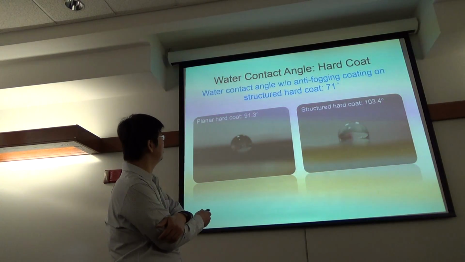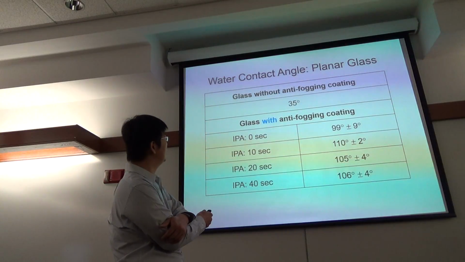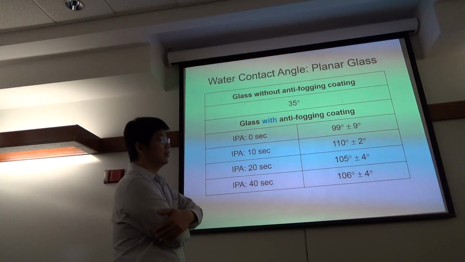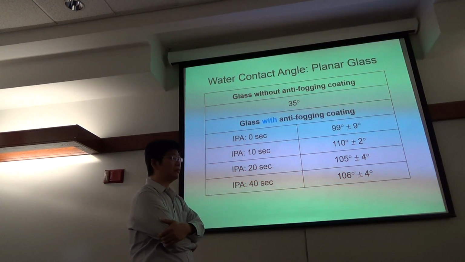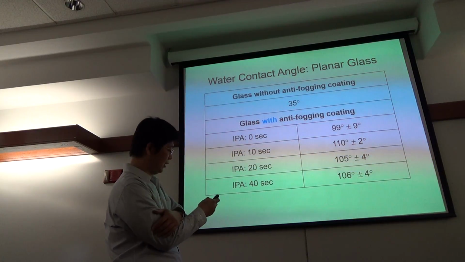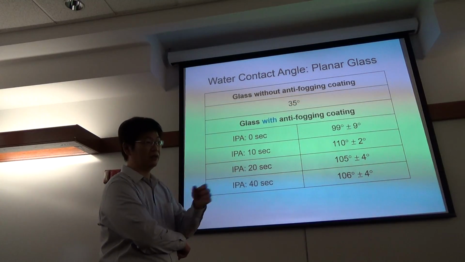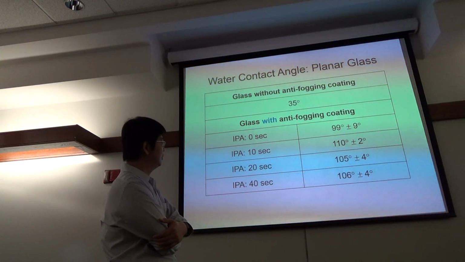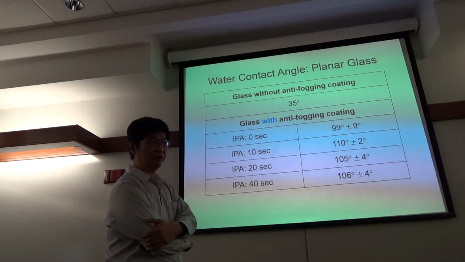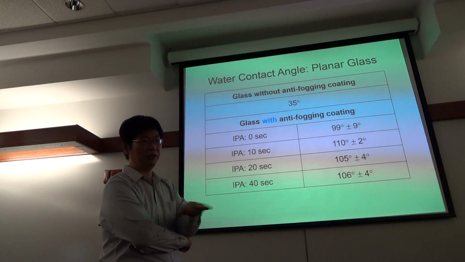Sorry, I forgot to mention this. We have the water contact angle, so that's water. Actually, we have some other anti-fogging coating on the top, an alkyl fluorine coating, something like that. Just sprinkle.